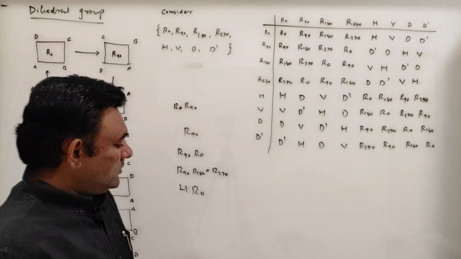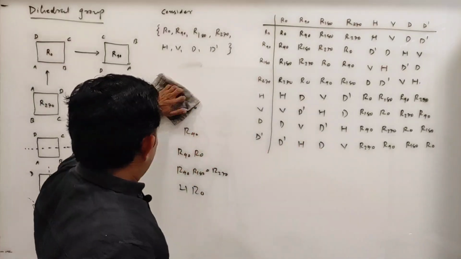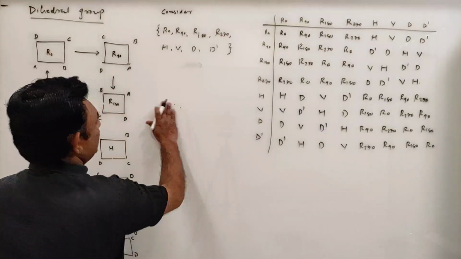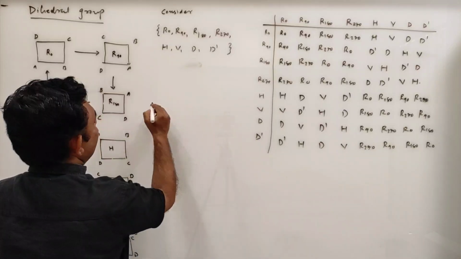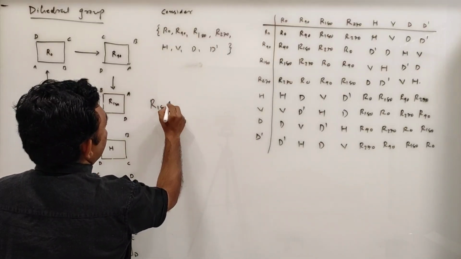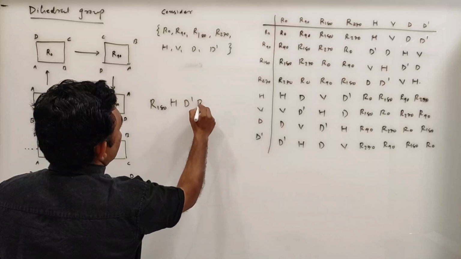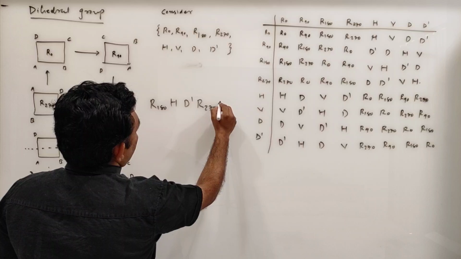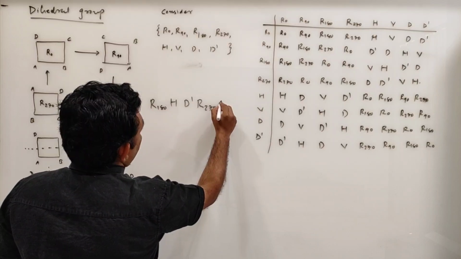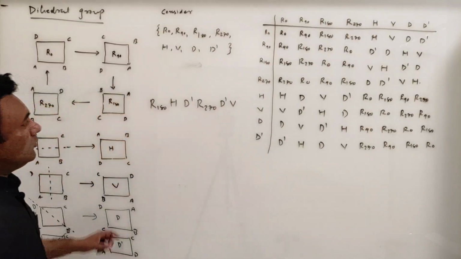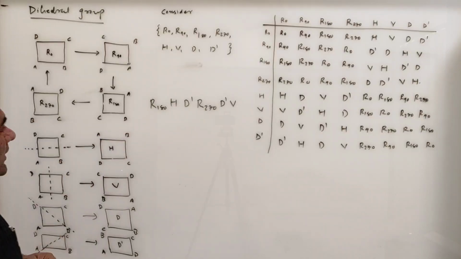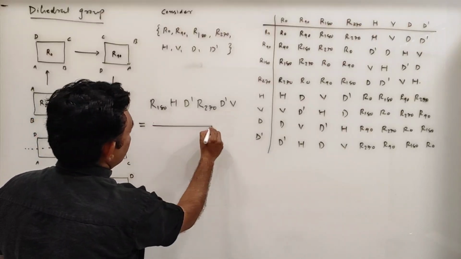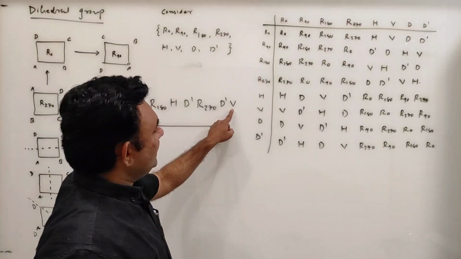Okay, so now if you want to compute an arbitrary expression, say R180 into H D dash R270 D dash V. Suppose I want to compute this expression, then what do I have to do? First I will start with V D dash.